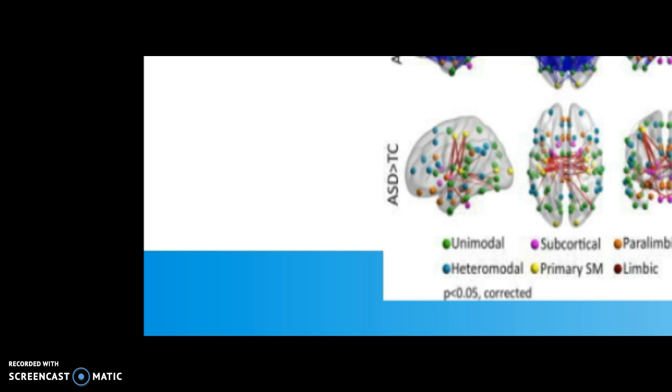Blue lines show hypoconnectivity. Obviously, that's the one that is more prevalent in the autistic brain. And the red lines show hyperconnectivity. So the hyperconnectivity that we're going to talk about, we're going to focus on the somatosensory. And we'll get to that in a minute.